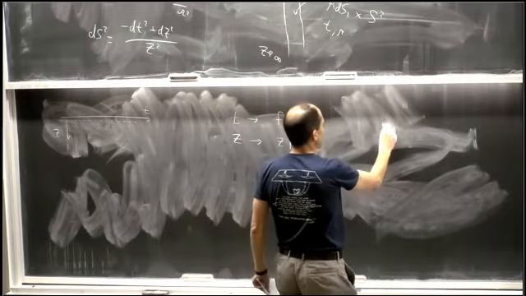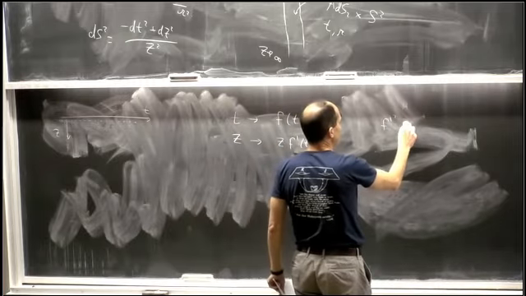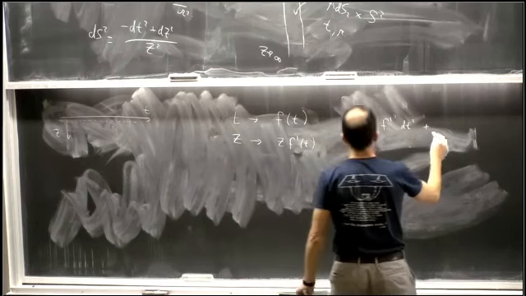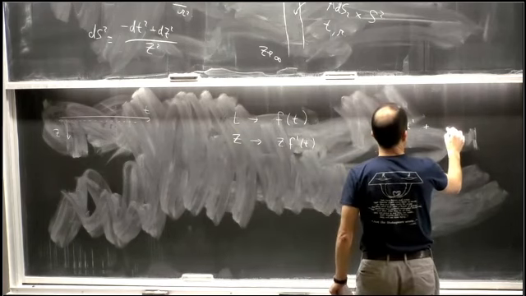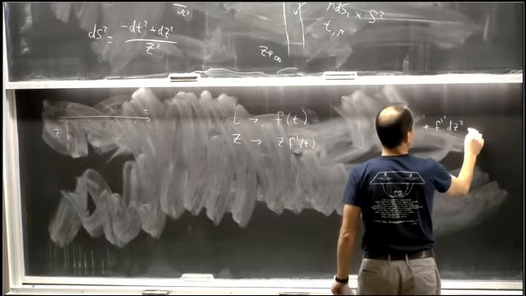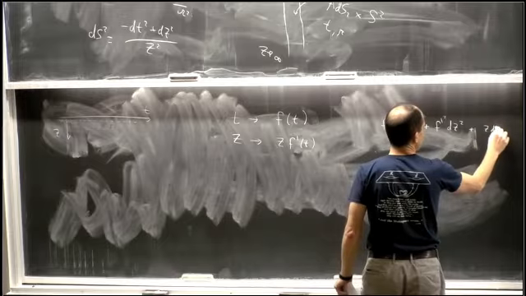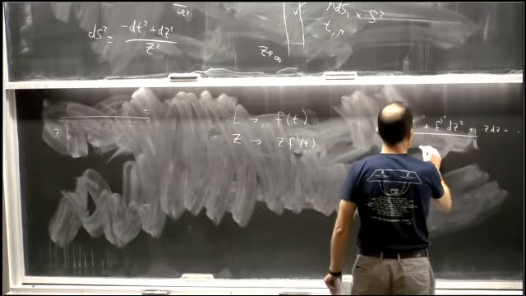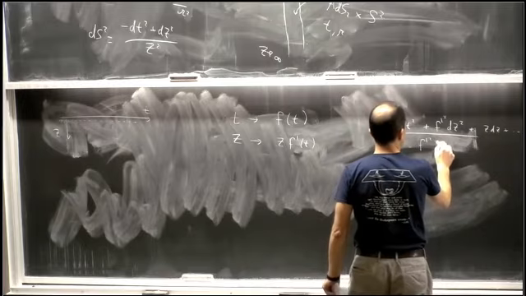Then from the first term we find an f prime squared dt squared. From the second term we will find the term which is dc squared times f prime squared, plus terms that have c dc, and so on. And then all of this divided by f prime squared times c squared.